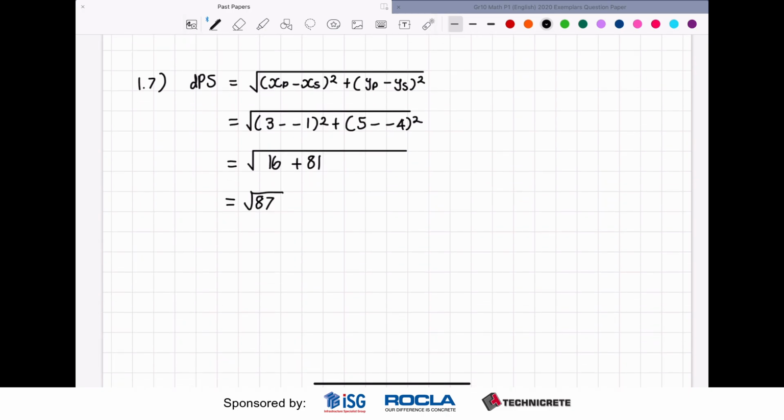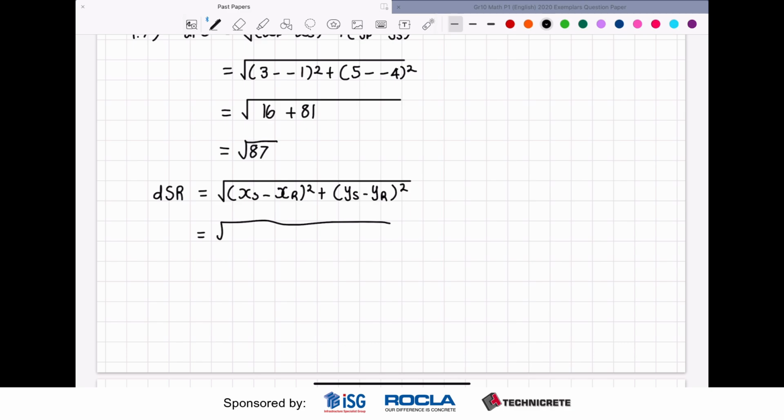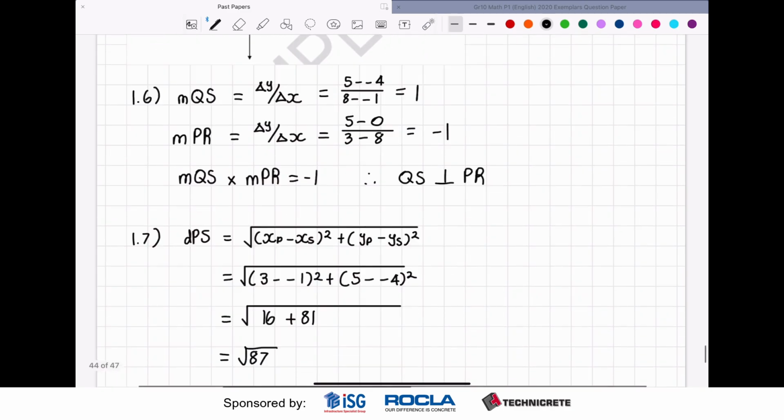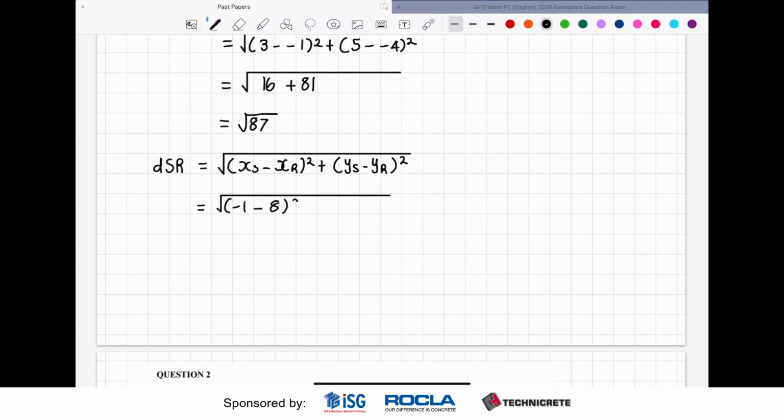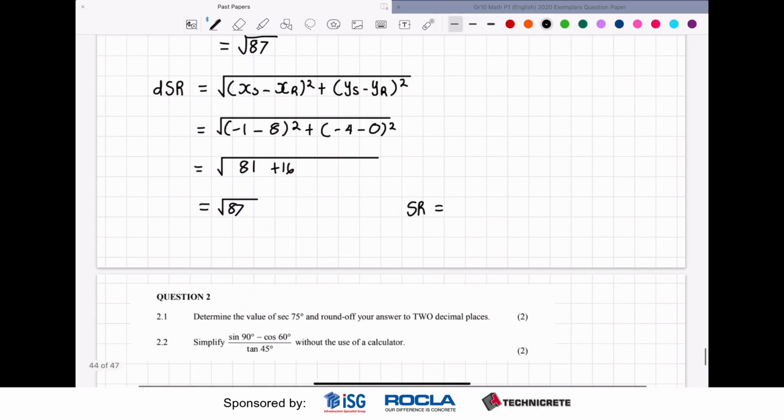And I'm going to do the same for the other line, which is SR. Okay, so this one's also equal to root 87, so I can say that SR is equal in length to PS.